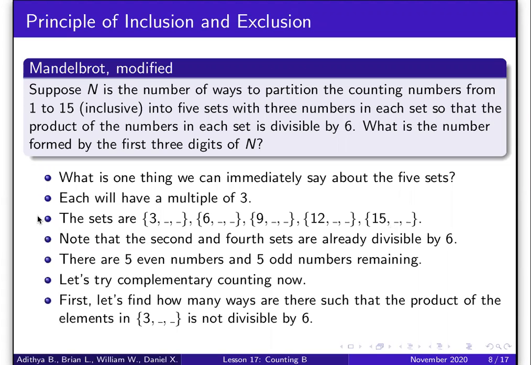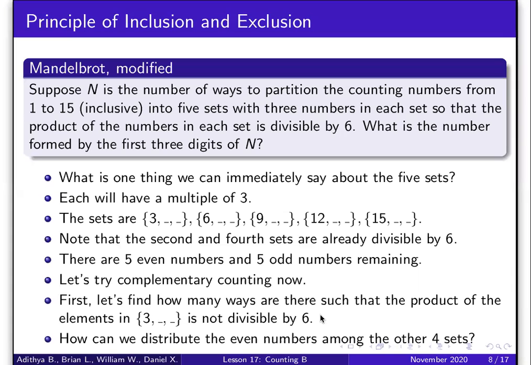And first, let's try counting the number of ways such that the product of the elements in this set here is not divisible by 6. So that's equivalent to finding the number of ways to put the rest of the numbers so that there's no even number here. So the first question is, how can we distribute the even numbers among the other 4 sets? What possibilities do we have there?